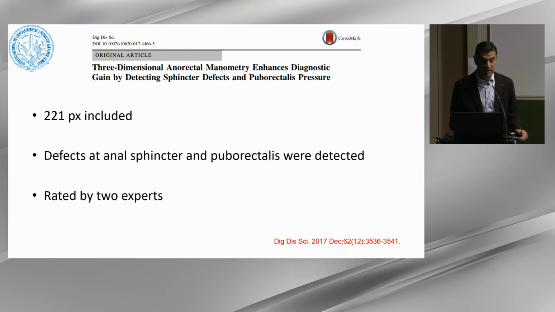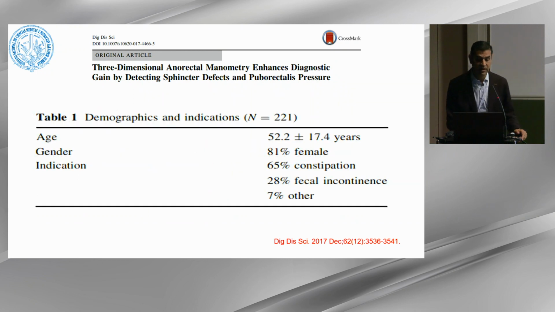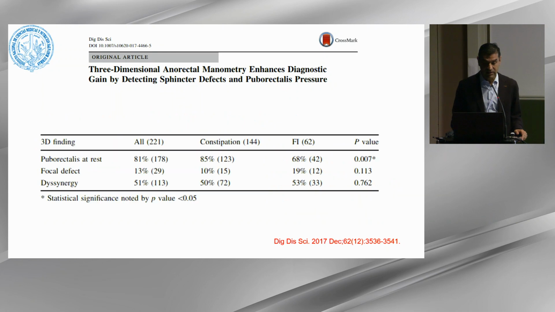In this study assessing 221 patients, the defects of the anal sphincter and the puborectalis were detected and rated by 2 experts. Almost 30% of patients had fecal incontinence, and a defect was found in 19% of the patients.